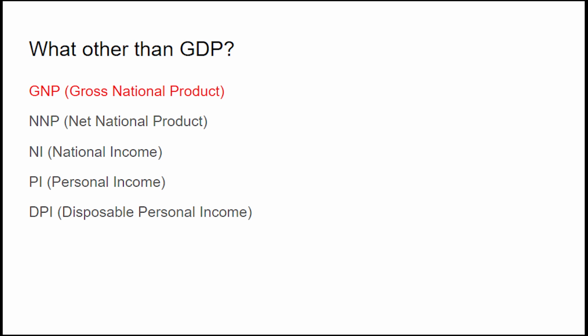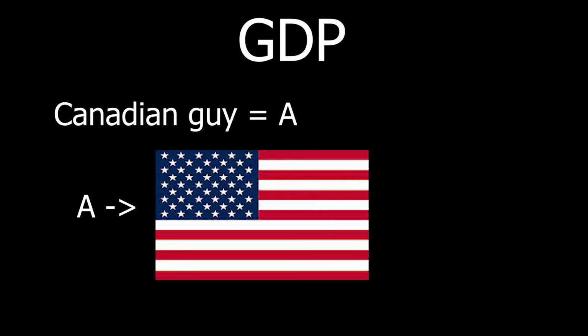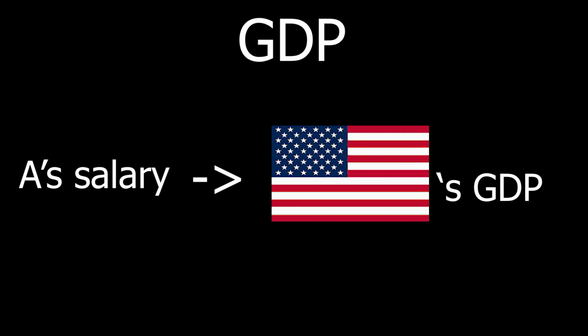GNP is no longer constrained within the borders. For example, if we're measuring GDP, and a Canadian guy goes to America and works for a day, the salary he gets for that single day is counted as American GDP.